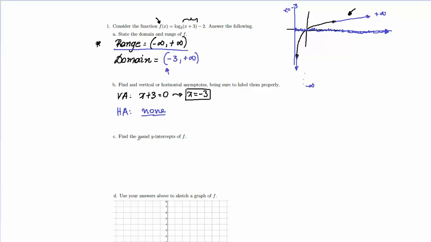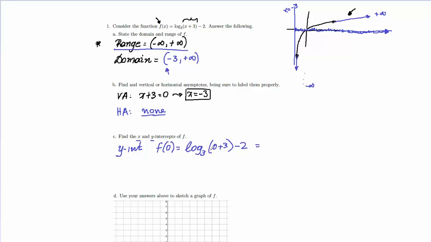We need to find now the x and y intercepts. How do we do that? Well, let's start from the y-intercept. We all know that to find that we need to set x equal to 0. So we need to find f of 0. This is going to be equal to the log with base 3 of 0 plus 3, minus 2.